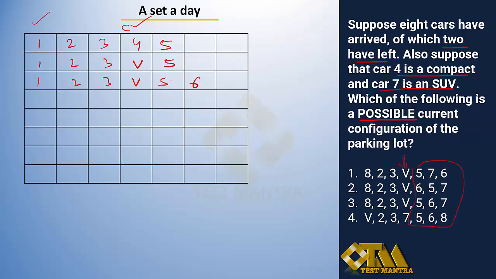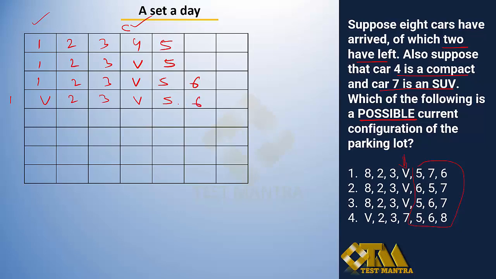Still we are not sure whether 6 is a compact car or something else. Then suppose I'm removing another car, that's car 1 here, and it could be a compact car or else an SUV, so I'll take both cases. The first case, I'll take it as a compact car here, so vacant, 2, 3, vacant, 5, 6.